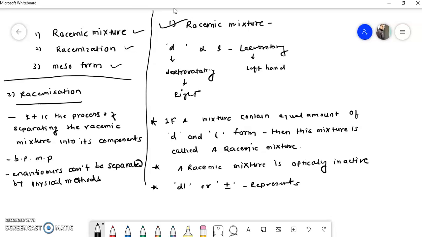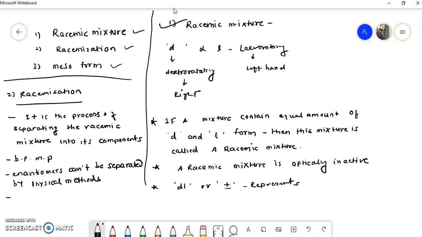So it is very difficult to separate them using physical methods like fractional distillation or fractional crystallization. They cannot be separated even by chromatography, because both enantiomers are equally strongly held at the adsorbent, so the chromatography technique is also not used. Therefore they are separated by special methods like mechanical separation, preferential crystallization, and biochemical and chemical methods.